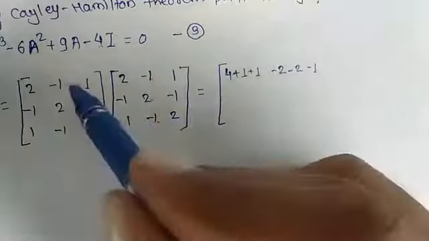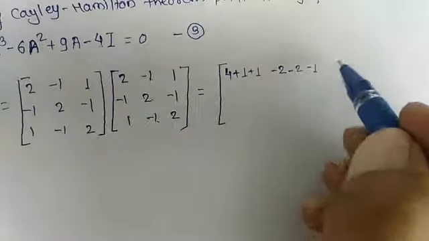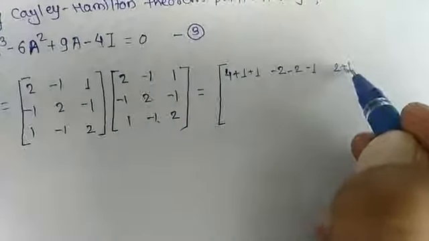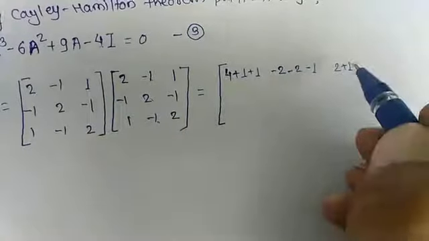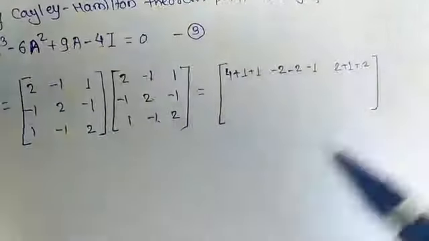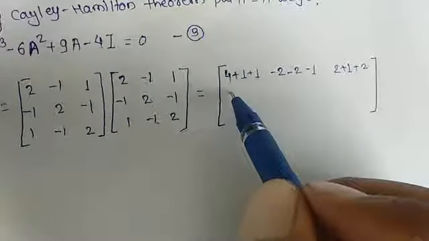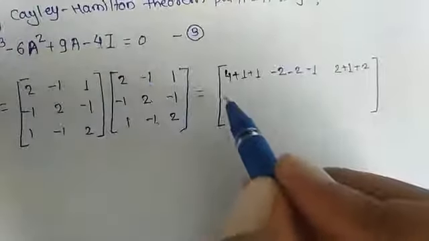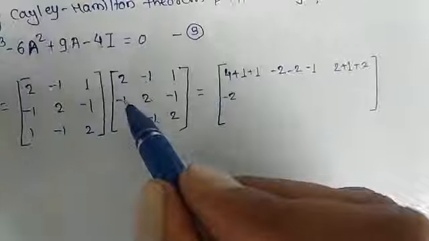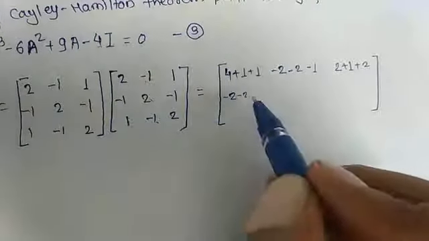For A13 we have multiplied first row by third column, again first into first, 2 into 2 is 4, minus 1 into minus 1 is plus 1, 1 into 2 is 2. Now again second row first column will use A21, so minus 1 into 2 is minus 2, 2 into minus 1 is minus 2, minus 1 into 1 is minus 1.